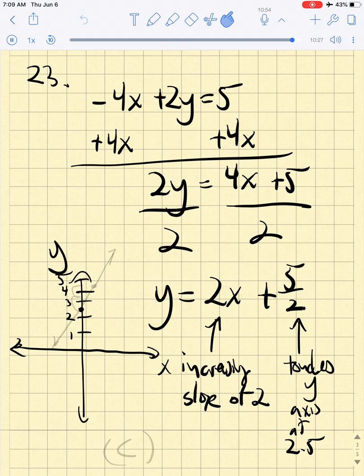If I go up 2 units, that's 1. Let's do that again. 1, 2. Then I go to the right 1 unit like that. So we're looking at an increasing slope like that. And that has to be choice C. So this is a little bit better problem.